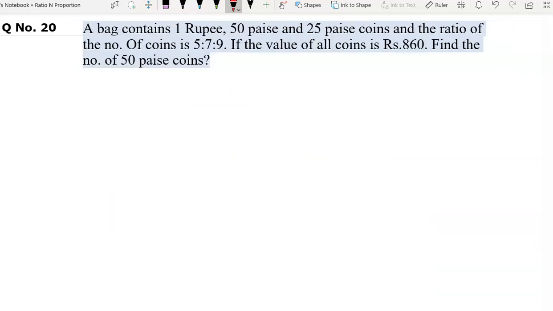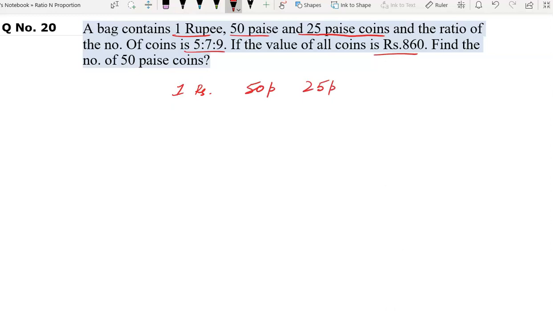Question number 20. A bag contains 1 rupee, 50 paise and 25 paise coins, and the ratio of the number of coins is 5:7:9. If the value of all coins is rupees 860, find the number of 50 paise coins. So in this question, we have 1 rupee coin, we have 50 paise coin, and we have 25 paise coin.